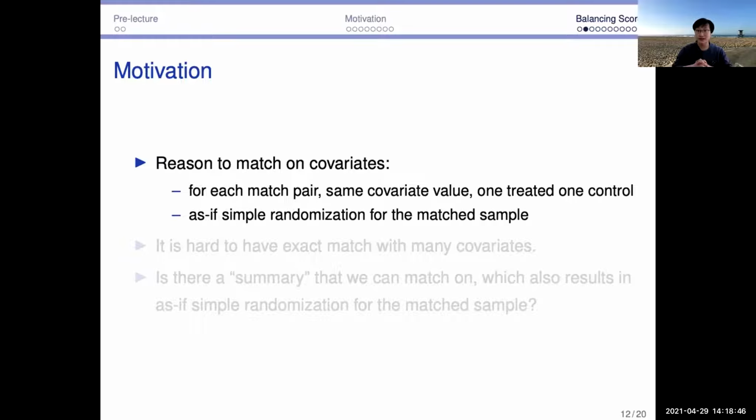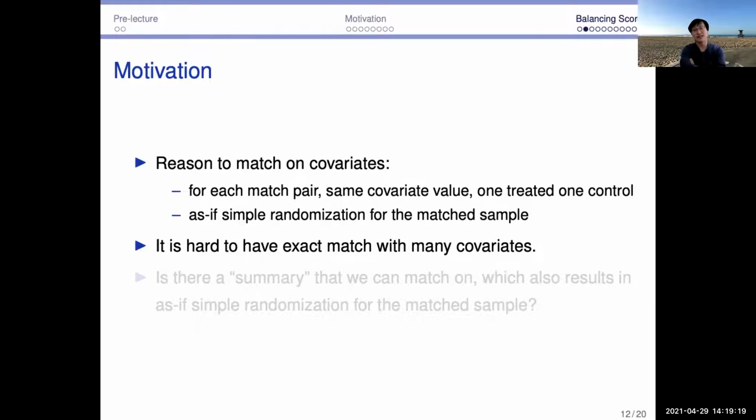The intuitive reason is that if we are able to find perfect matches, then for each matched pair their covariate values will be the same, and one is treated and one is control. In that case, in the matched sample we would have as-if simple randomization, in other words, the treatment is unconfounded or ignorable. So then we can proceed with very simple estimation methods.